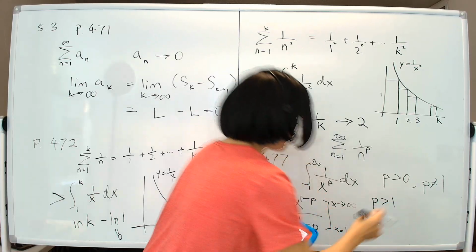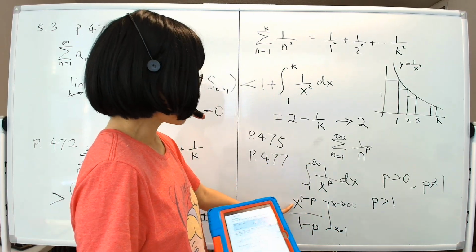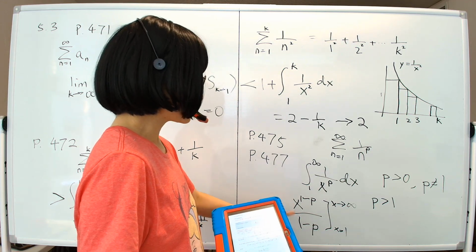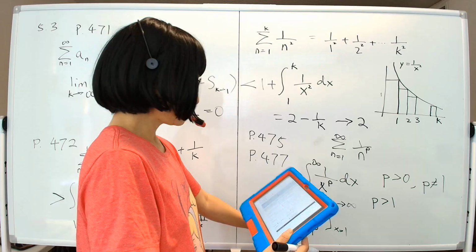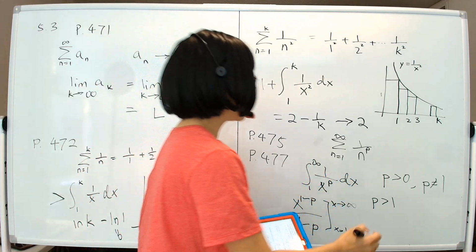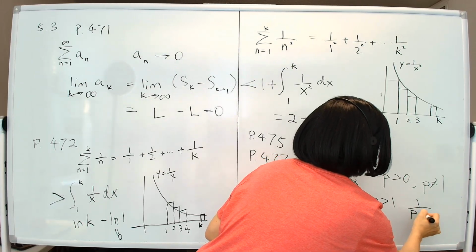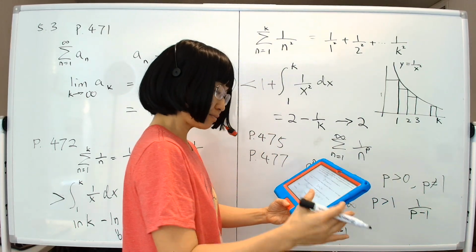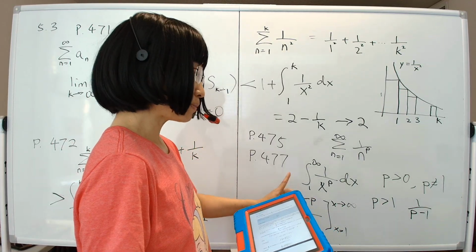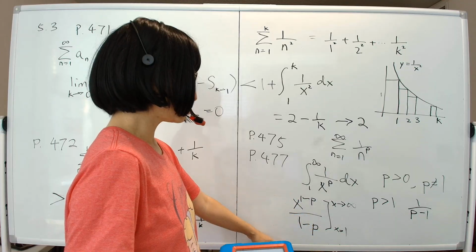When p is bigger than 1, this power becomes negative, right? It effectively goes to the bottom, and the result becomes 1 over p minus 1, which is convergent. And then when p is less than 1 but bigger than 0, this doesn't go to the denominator.